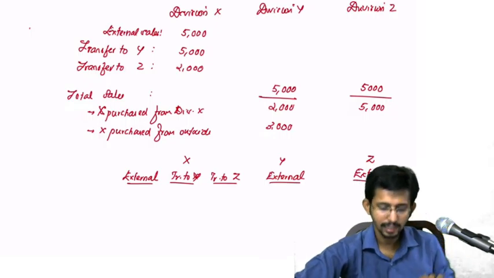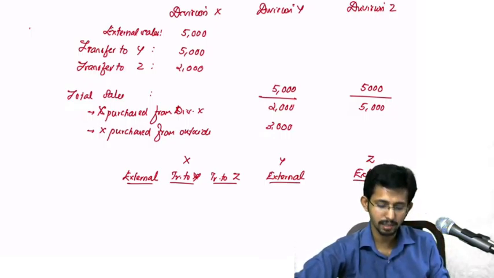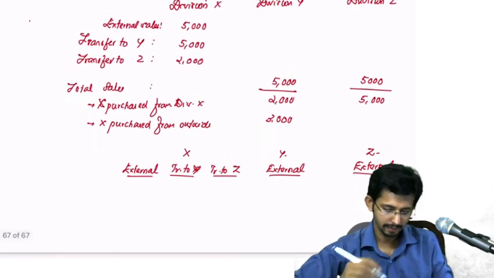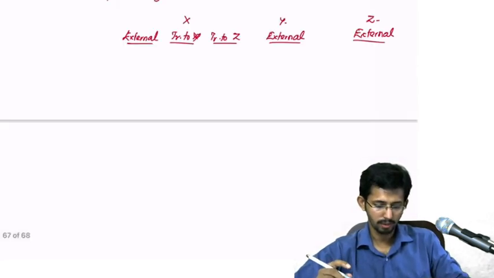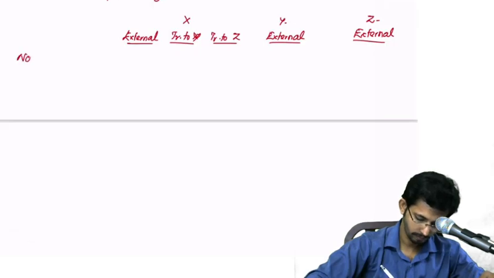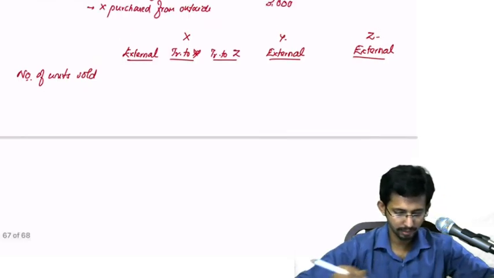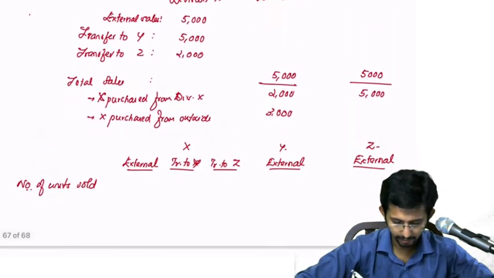There is internal purchase, but sales in the case of Y and Z are only external sales. So number of units sold. External, here it is how much? 5,000.